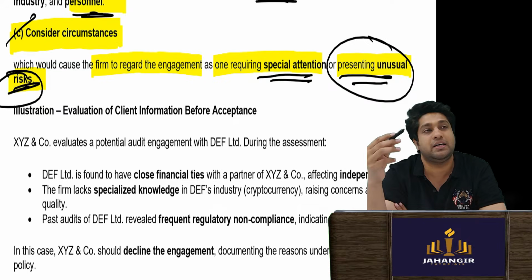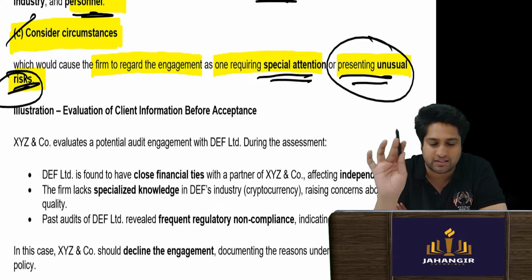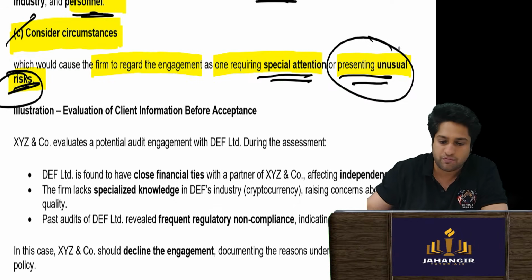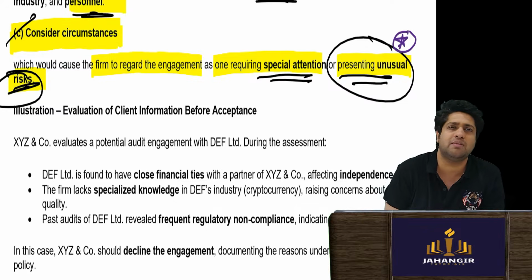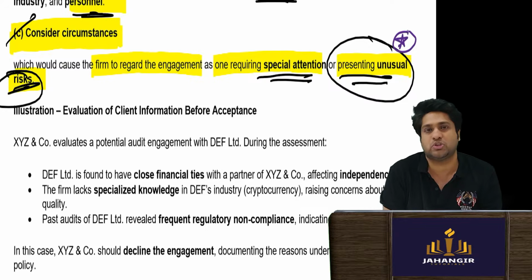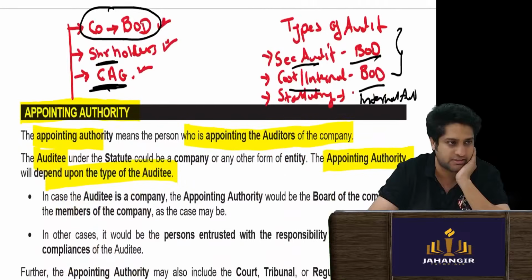A company dealing in space technology has come, I don't have any knowledge, so I should ideally reject. Or whenever there's an unusual risk involved. Maybe a gambling company like Dream 11, where there is too much risk involved, so in this case you should consider rejecting.